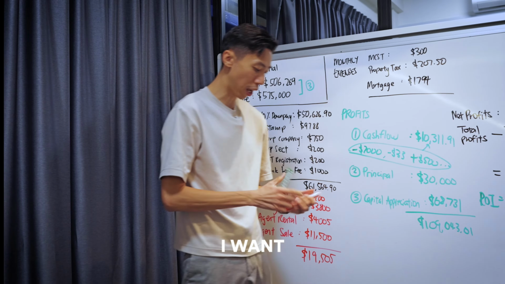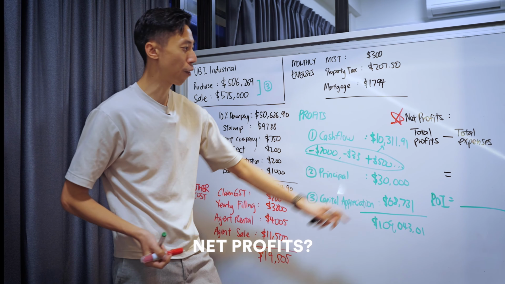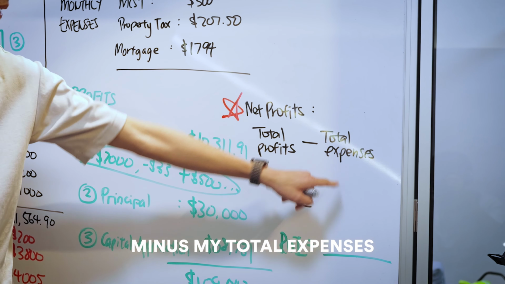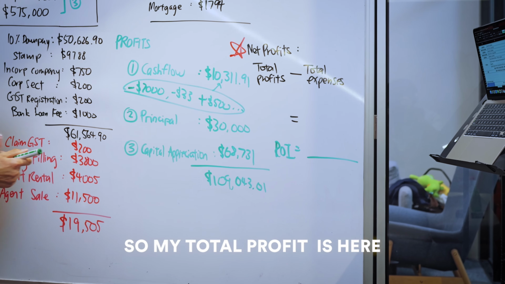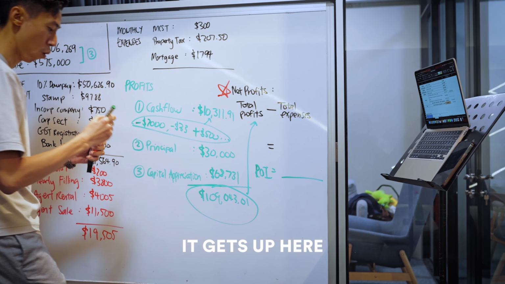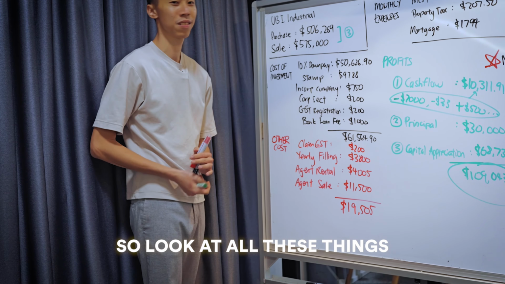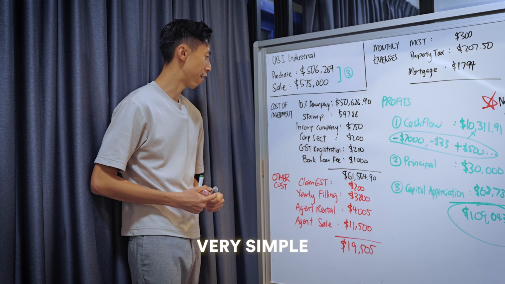Okay. However, I want to know is the net profits. So what's net profits? I take total minus my total expenses. So my total profit is here. Alright, this is my total profit. It gets up here. What is then my total expenses? So look at all these things. What are my total expenses? Very simple.